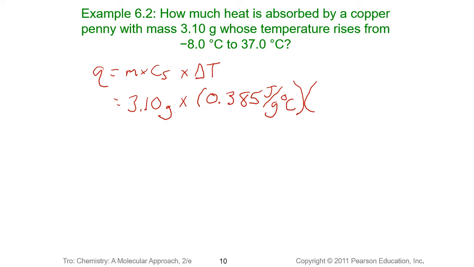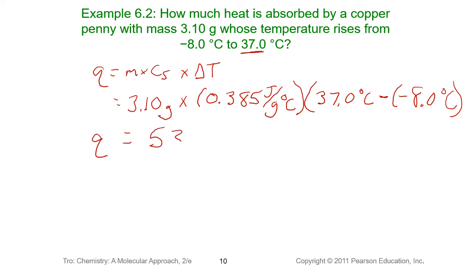Our final temperature is 37 degrees Celsius minus our initial temperature of -8 degrees Celsius. If we do our calculation, the heat that is absorbed by that penny is 53.7 joules.